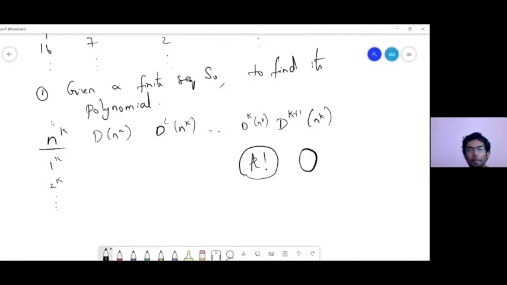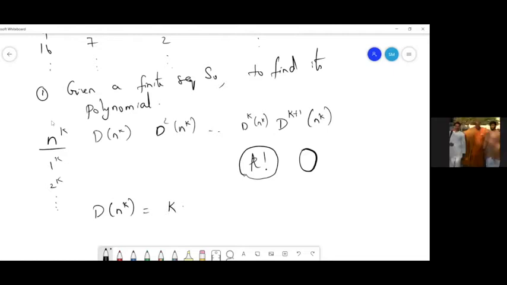So what clue would you give for others? We found out last week, d of n power k is k into n to the power of k minus 1.